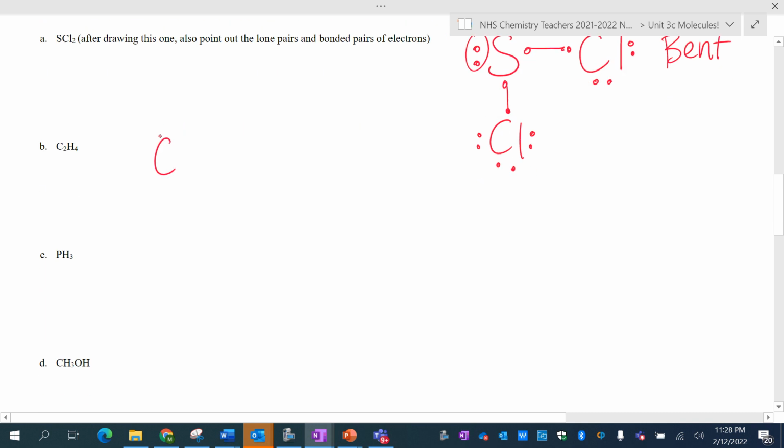Okay, C2H4. Carbon has 4 lonely electrons because it's in group 4A. Connect them once. Hydrogen has 1. I draw 2. And so then they're going to need to connect 1 more time.